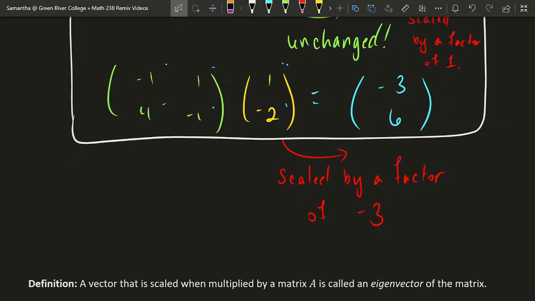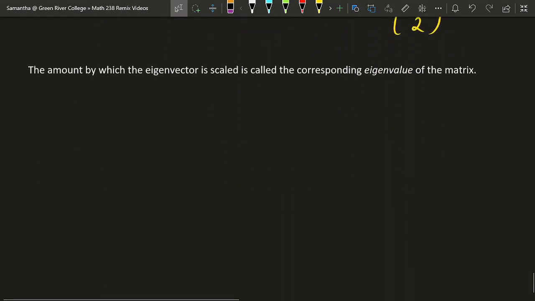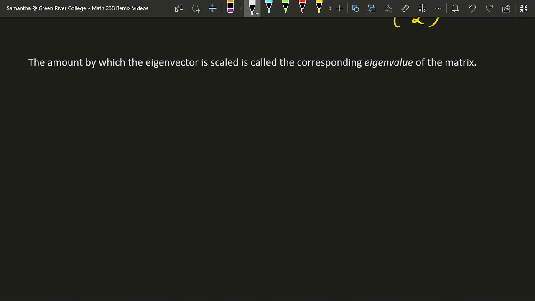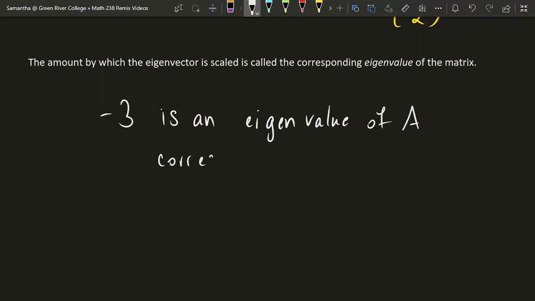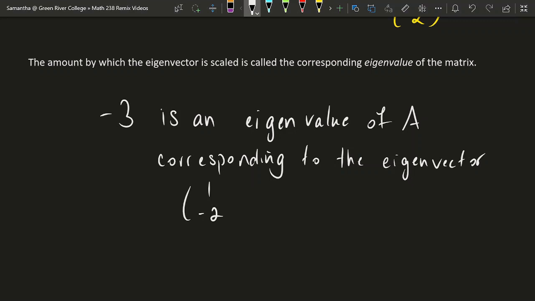So in the new language, what I would say is that -3 is an eigenvalue of the matrix A corresponding to the eigenvector 1, -2.